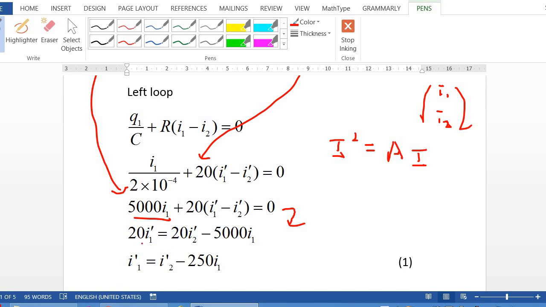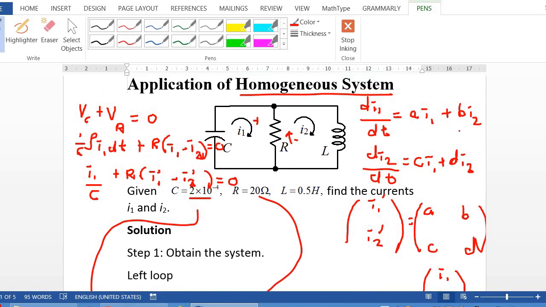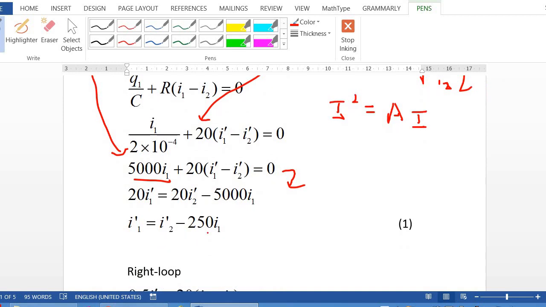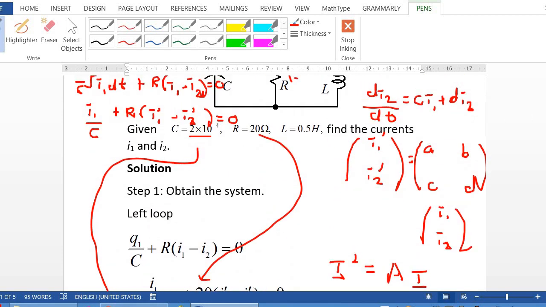Then we make the coefficient for di1/dt, or I1 prime, become 1 by dividing both sides by 20. So we get equation 1, the first equation that we want: di1/dt equal to A I1 plus B I2. But not yet, because we still have the term I2 prime. So we have equation 1 first.